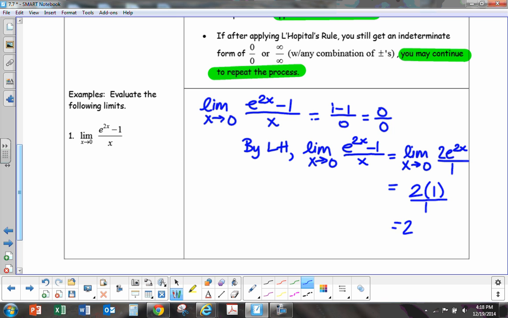My answer is 2. So I was able to find the limit by being able to take derivatives. Again, though, you have to actually establish for L'Hopital's rule to work that your limit was equal to either 0 over 0 or infinity over infinity. That's the only time it applies.